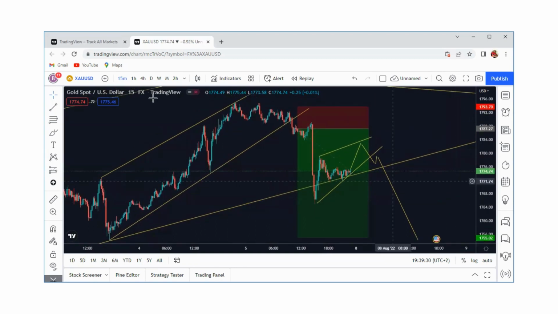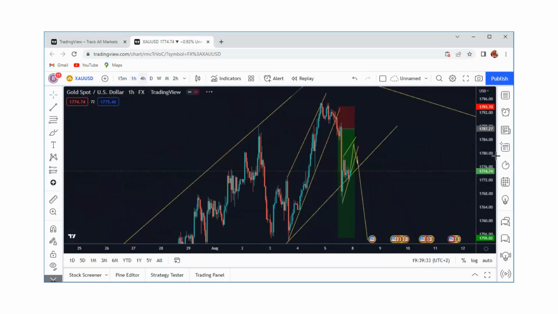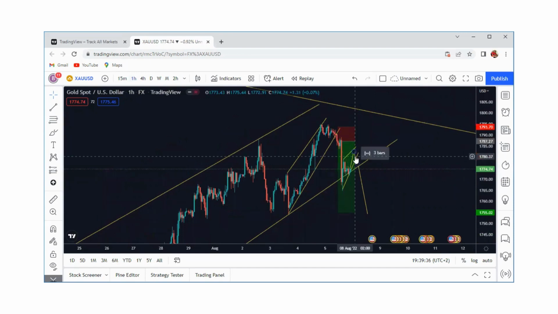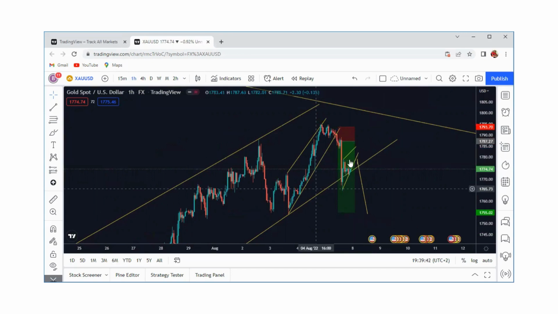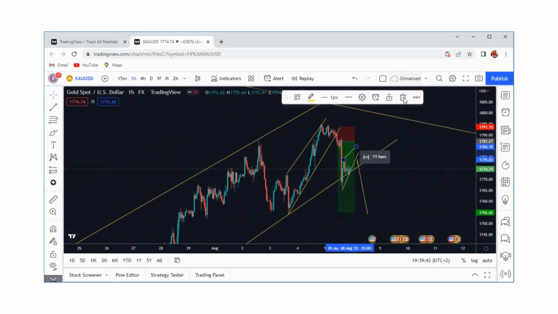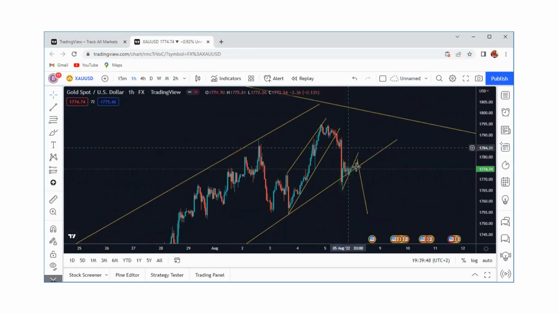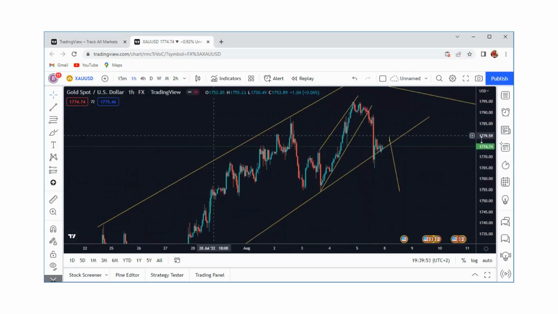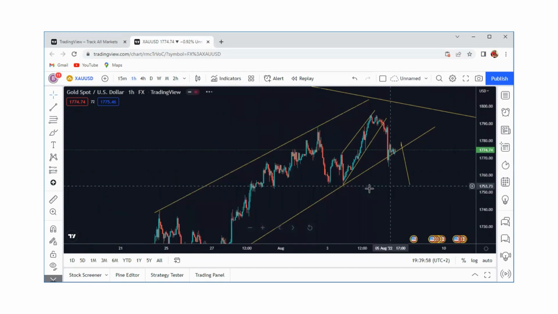This is the 15-minute time frame. Let me just jump into the 1 hour. Let me just remove these lines so they don't confuse you. Even here on the 1-hour time frame, you can see that it's also a beautiful reversal pattern.